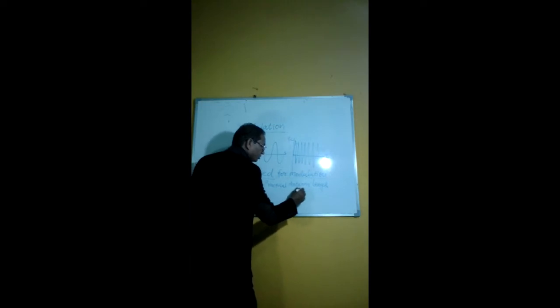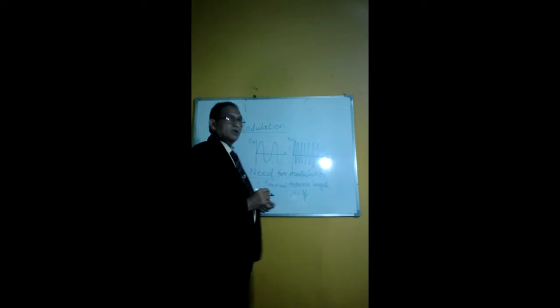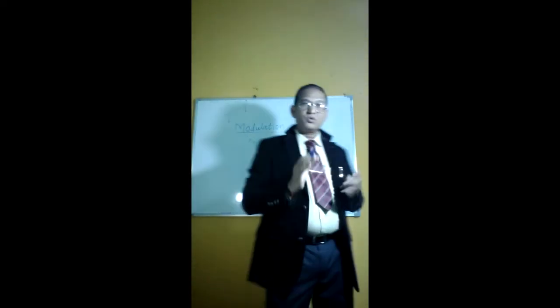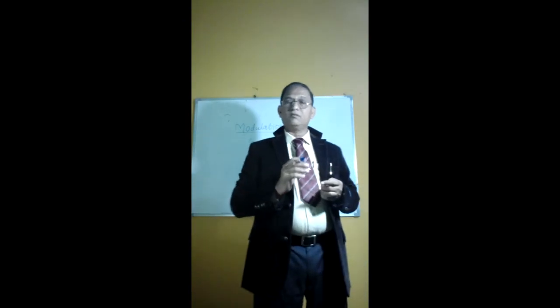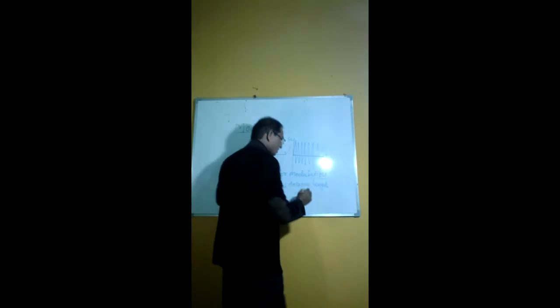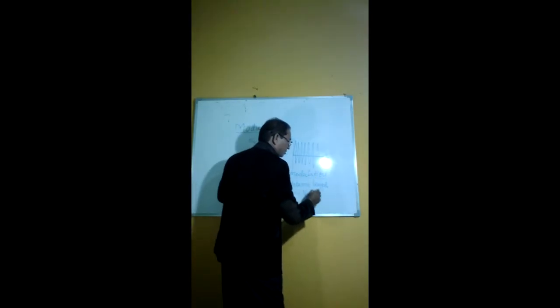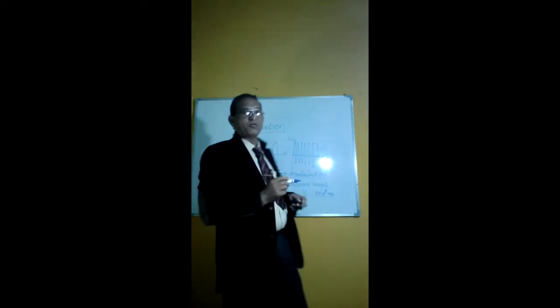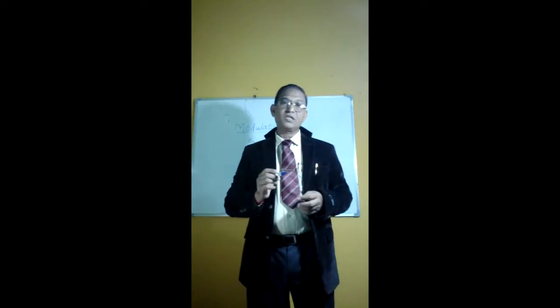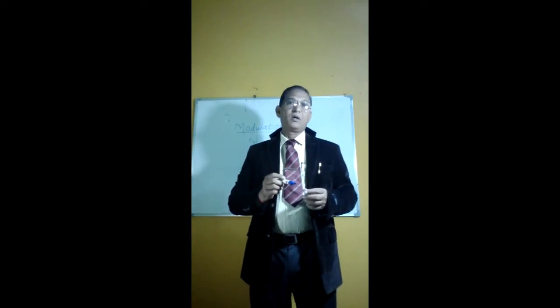The wavelength is given by lambda equals velocity divided by frequency. The wave travels with the velocity of light, that is 3 into 10 to the power of 8 meters per second, and the maximum audible frequency is 20 kHz.